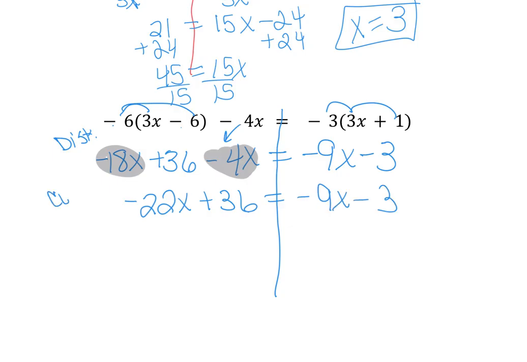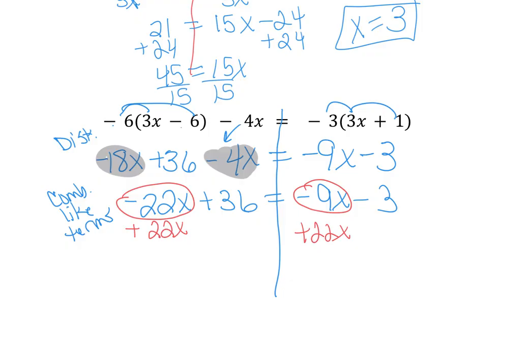So then we just combined our like terms. Okay, now we're going to be going back to what we've been doing. In this case, I've got an x over here, x over here. I'm going to add 22x to both sides.